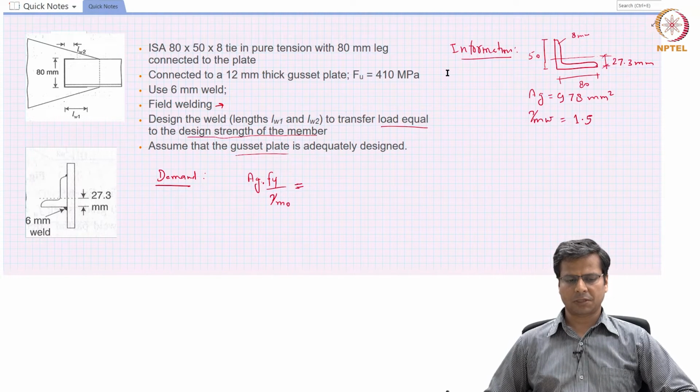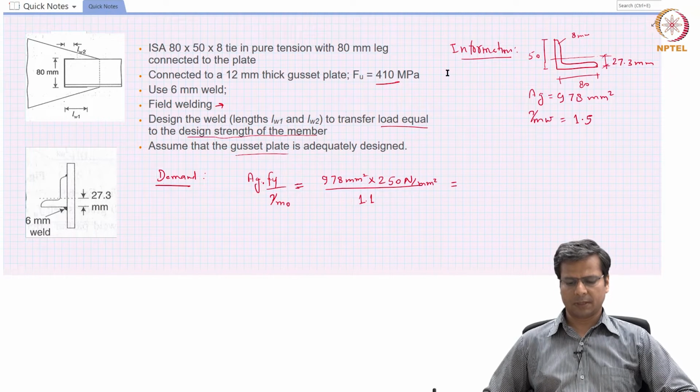So this is quite straightforward. We will use the gross cross-section area multiplied by yield stress divided by factor of safety. The gross cross-section area for the angle we had calculated already, 978 millimeter squared, multiplied by yield strength. Fu for this metal is 410. This is E250 steel, so it will be taken as 250 Newton per millimeter squared, divided by a factor of safety of 1.1.